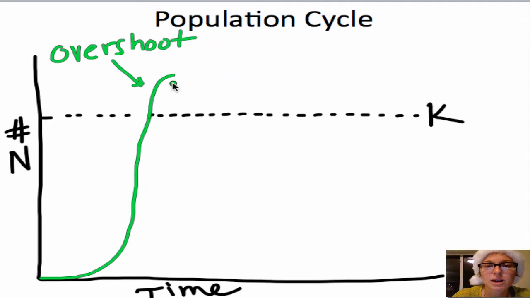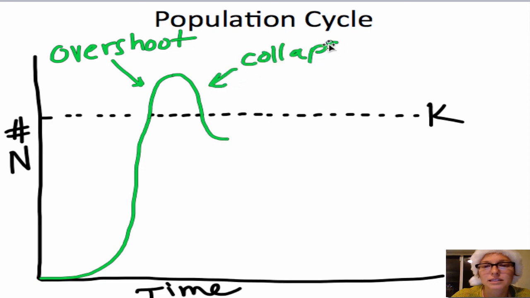And once the competition ends and we have our winners and our losers, we start to see a collapse. And this collapse occurs because a population cannot be sustained above a carrying capacity.